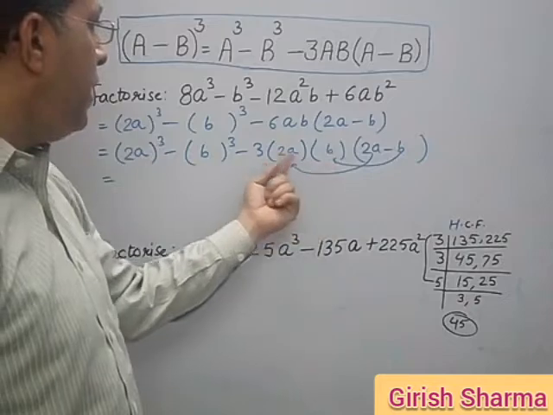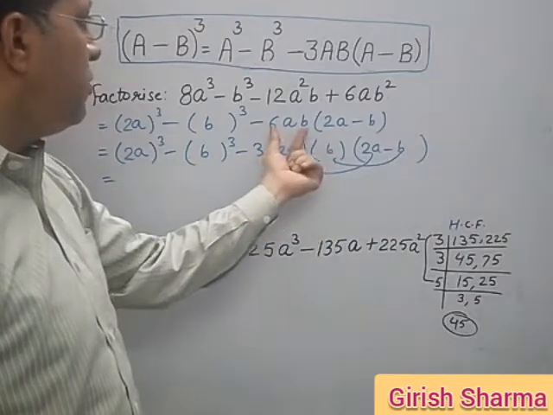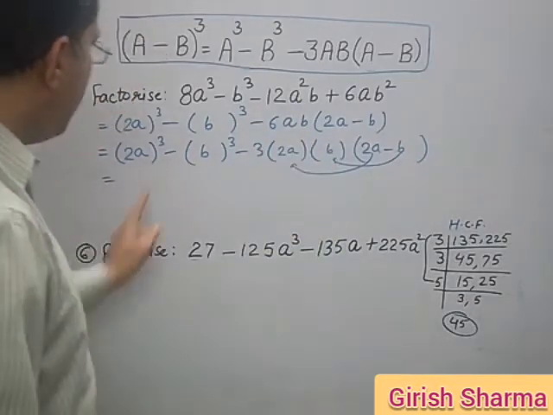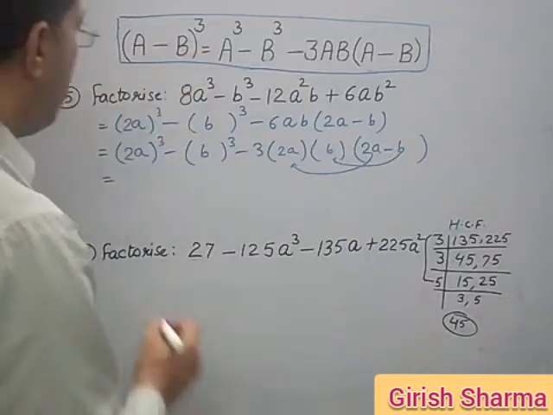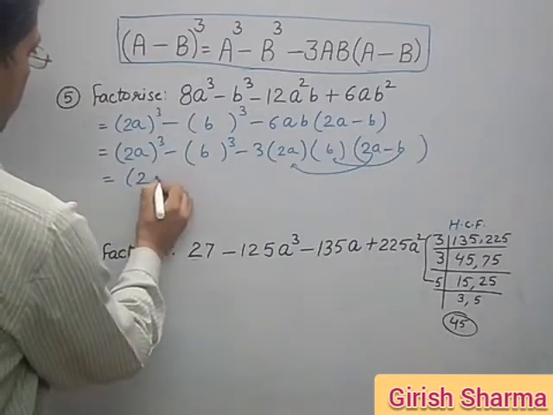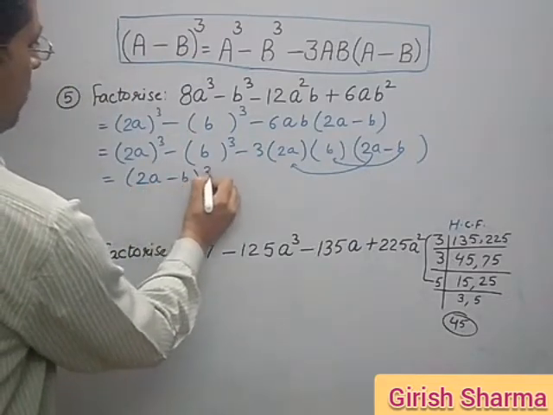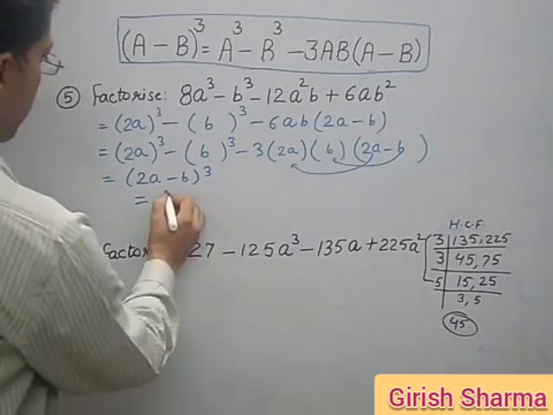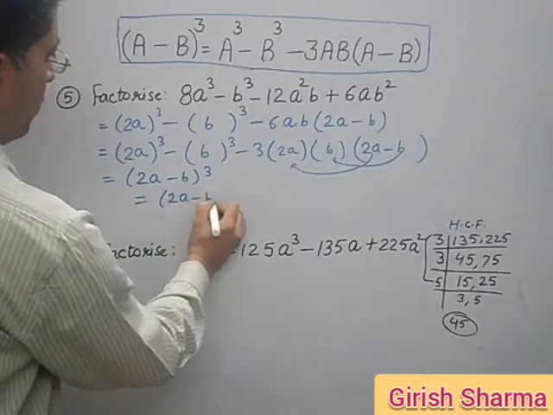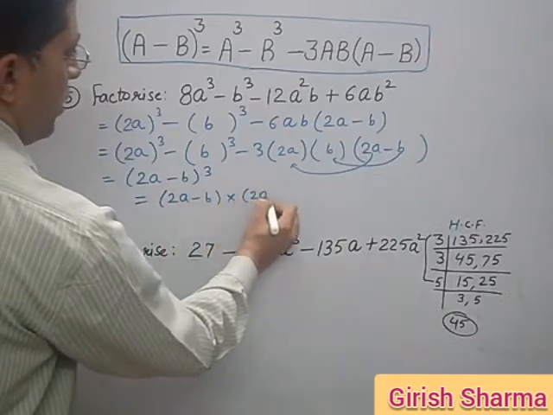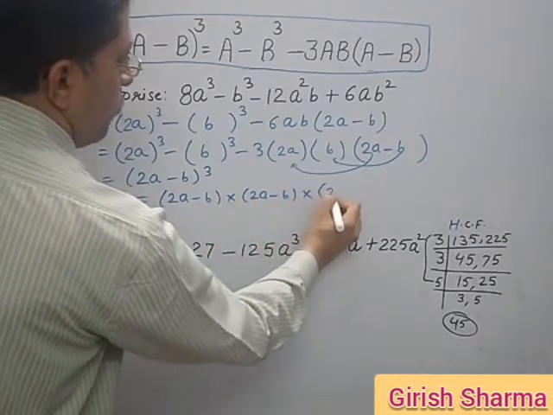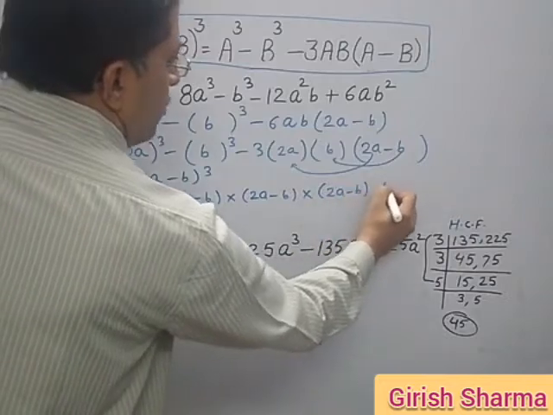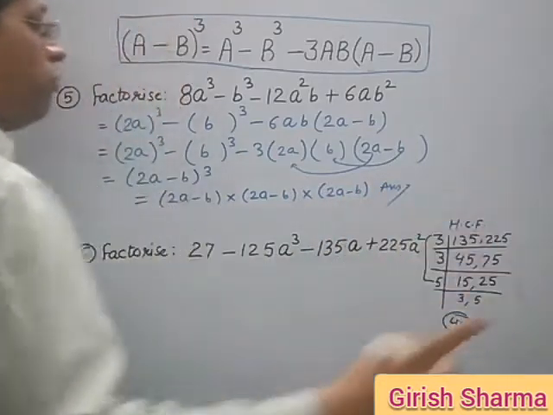When you multiply, 6ab is here. This will be (a minus b) whole cube, which means (2a minus b) whole power 3. I can convert to product form also: 2a minus b into 2a minus b into 2a minus b. This is your answer.